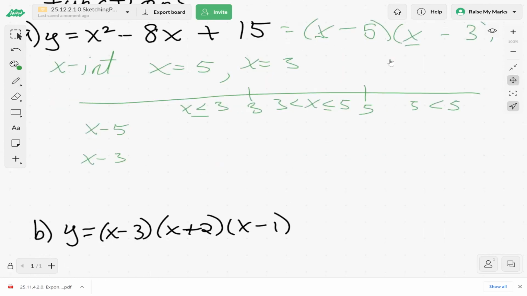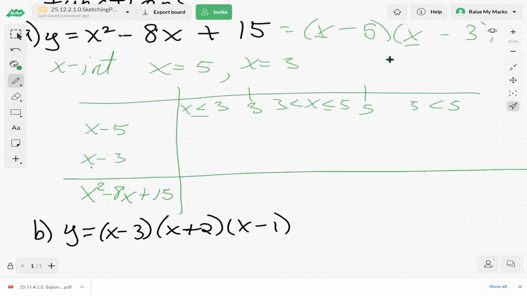Our function, as we know, is x squared minus 8x plus 15. And now we're going to look at the values or the signs of the factors on these intervals.